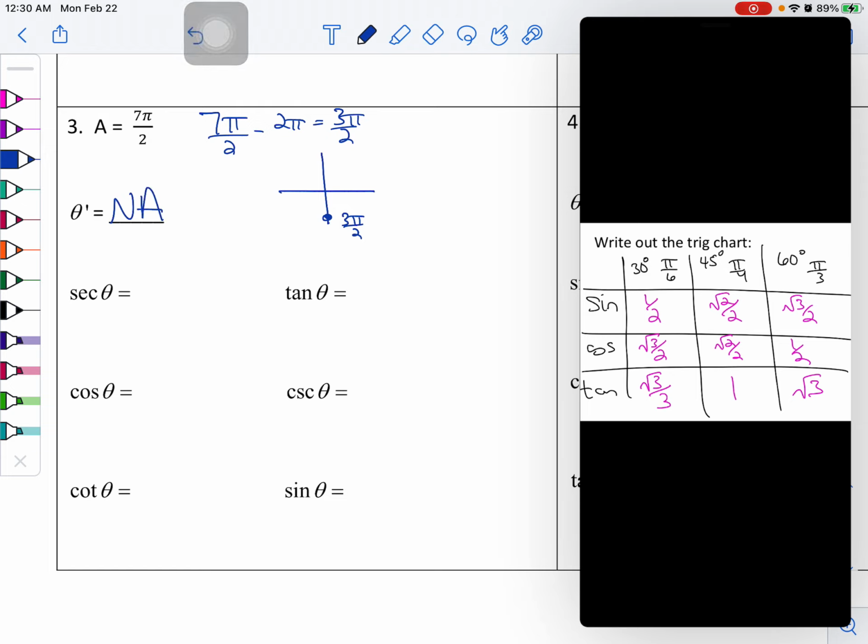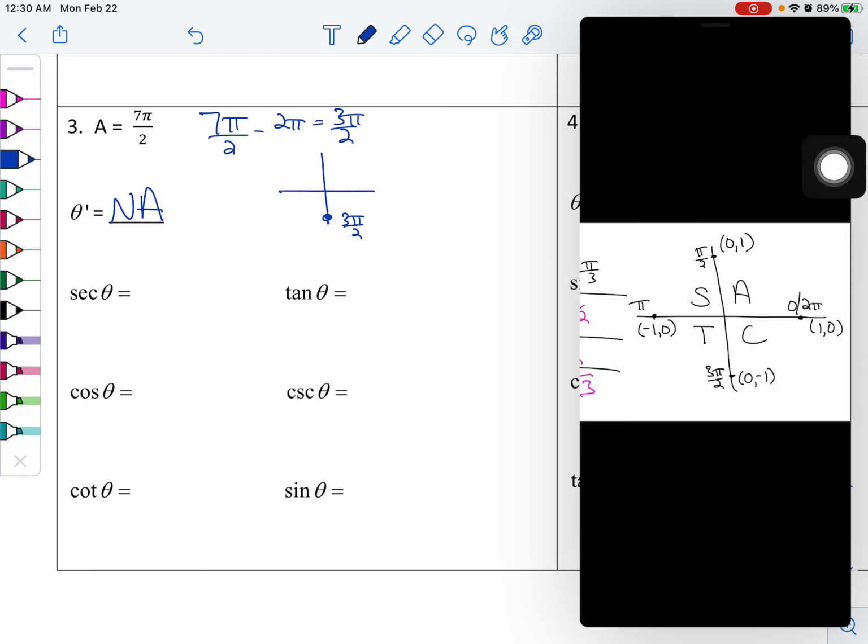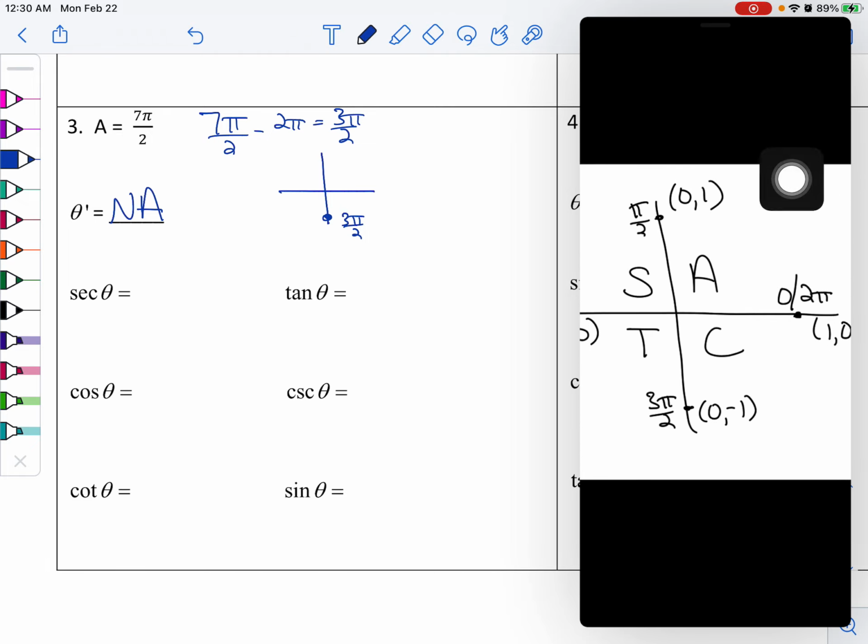If you're ever on an axis, the reference angle doesn't apply. It's not applicable. You're going to use whatever information you know about 3 pi over 2 to answer the question. So instead of using any of the 30, 45, or 60, I'm going to slide over to this piece, and I want to focus on what's right here. I know that this point is (0, -1).